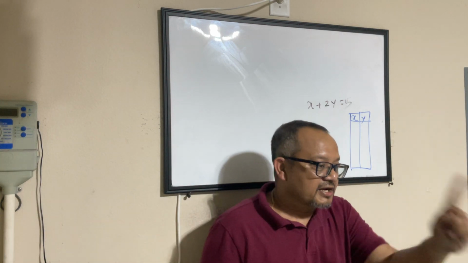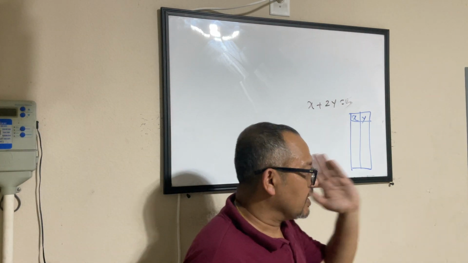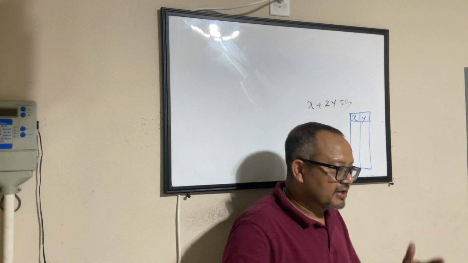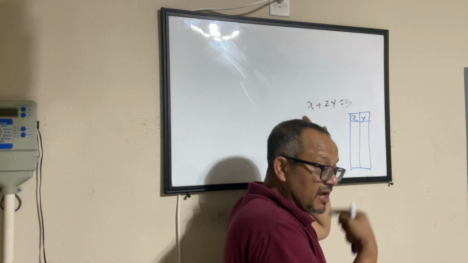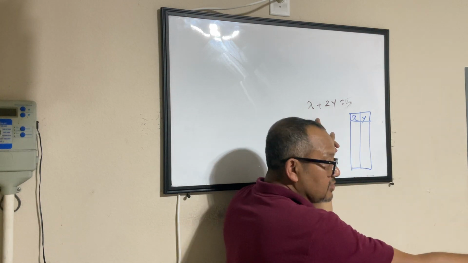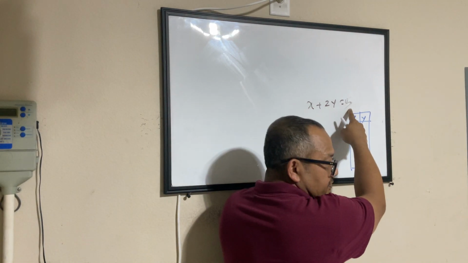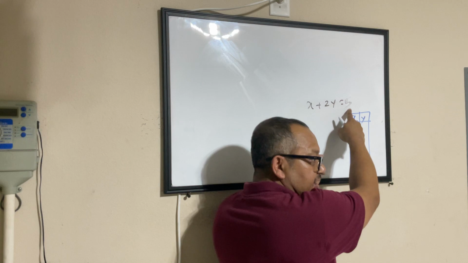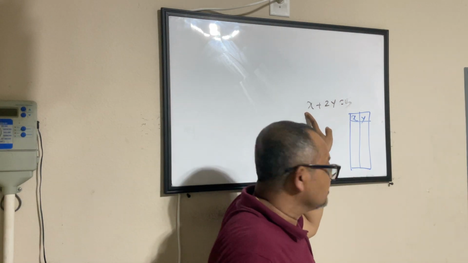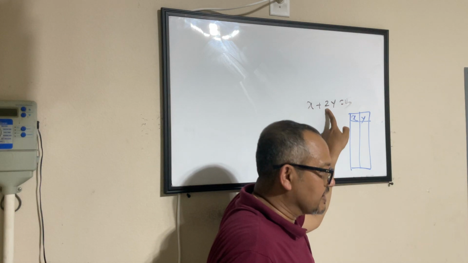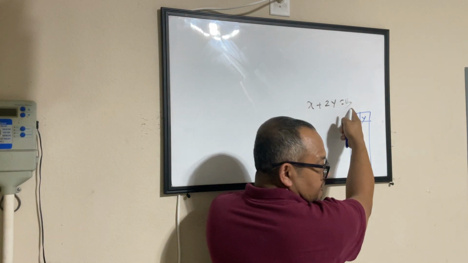Let's say Aryahi is x and Arvi is y. Okay? They have struck a deal saying that Aryahi says, see, my value plus 2 times your value will be equal to 5. That's a deal between Aryahi and Arvi. What it means is, if Aryahi increases her value, Arvi's value will decrease because the total has to add up to 5.